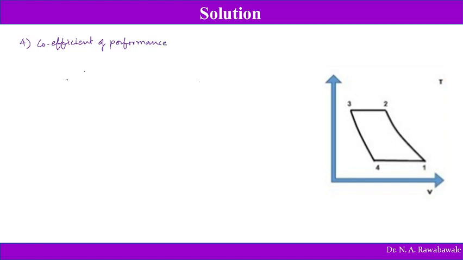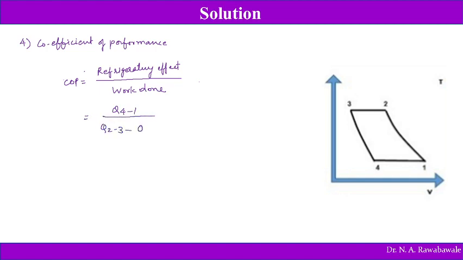That is COP, refrigerating effect divided by work done. So now refrigerating effect, which is known as Q41, divided by work done is Q23 minus Q41.